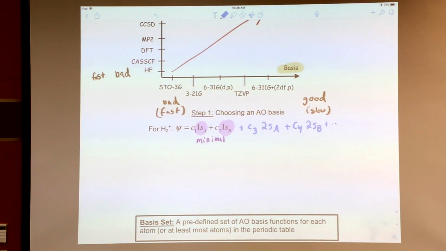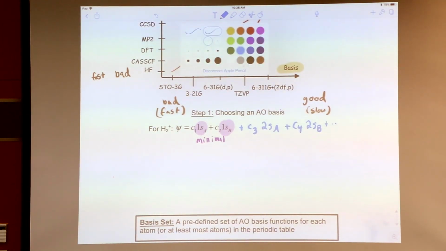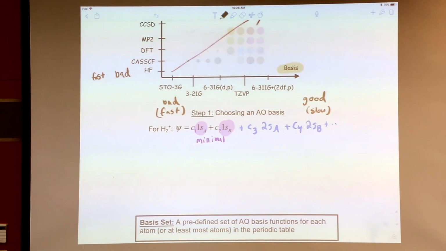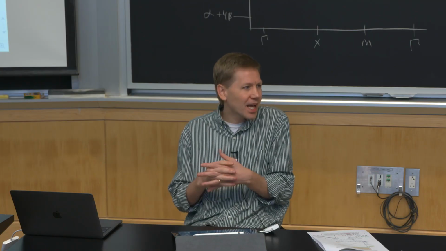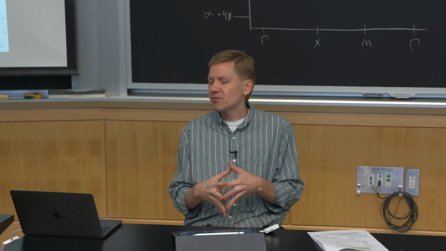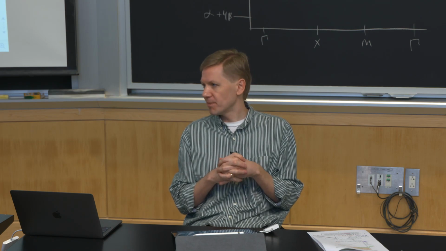There's a very good reason, which is one of the principles that we need to learn in choosing our basis: adding basis functions always improves the calculation. Even though I can't really say why 2sa and 2sb would be important, adding basis functions always makes things better.